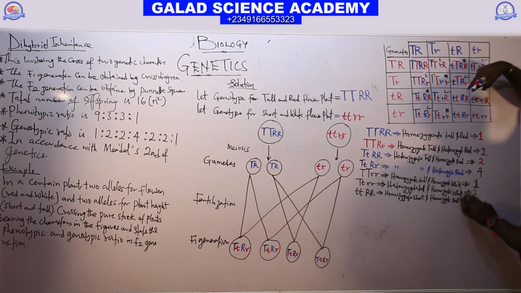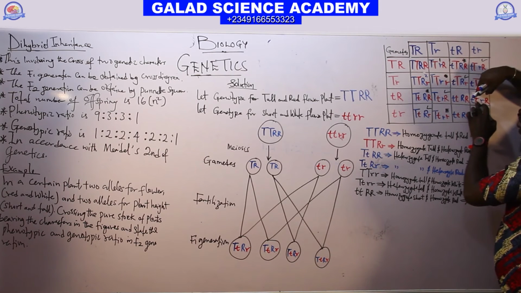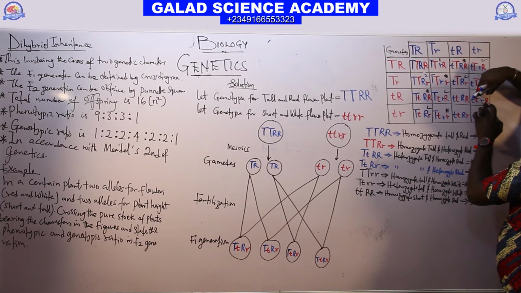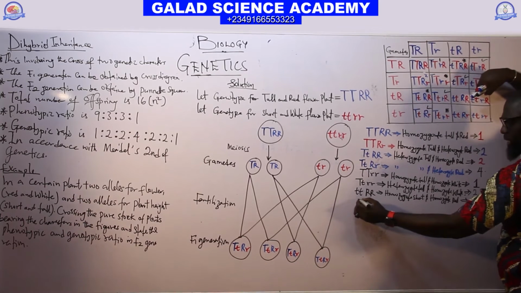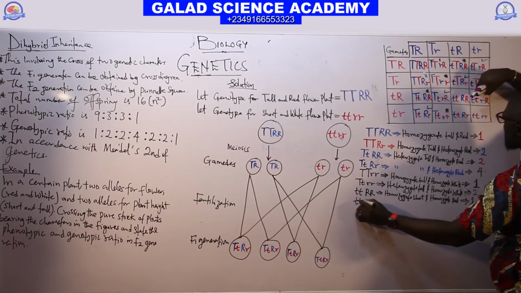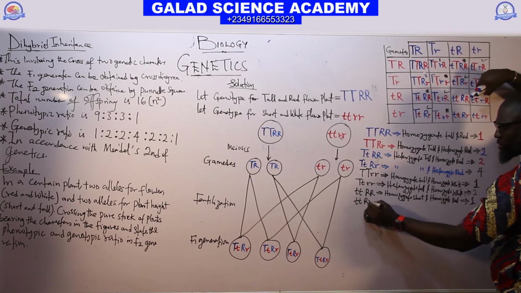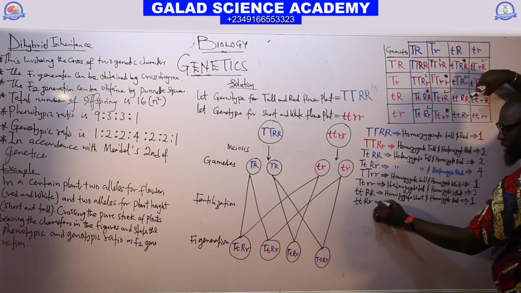So after this, we have homozygous short and heterozygous red. Homozygous short and heterozygous red is not there.